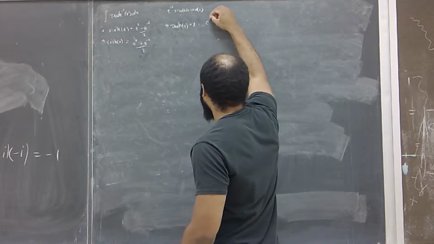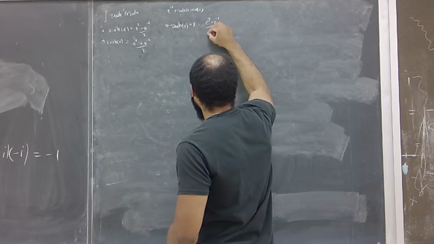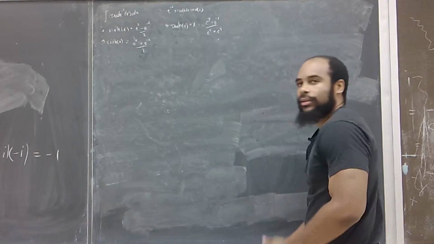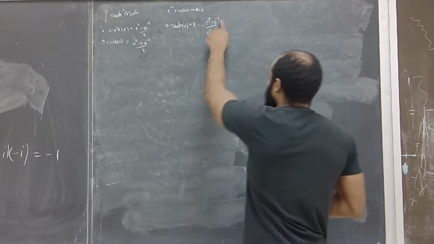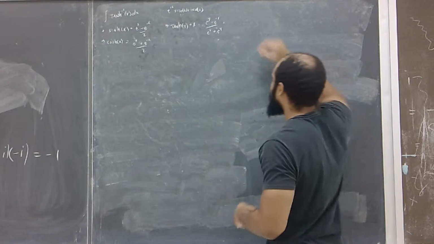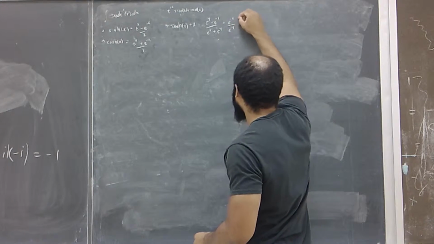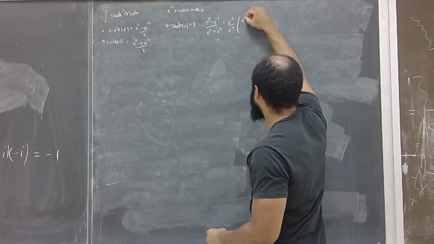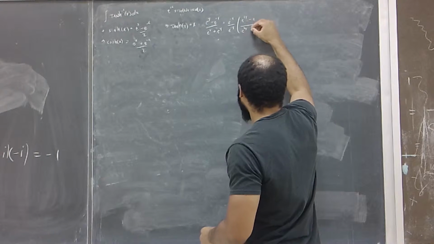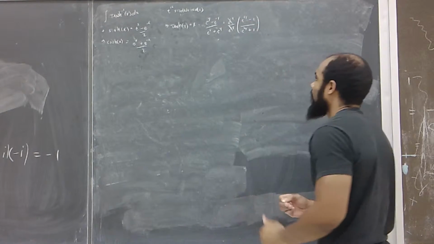It's going to be e to the y minus e to the minus y over e to the y plus e to the minus y. Now I'm also going to simplify this by factoring out an e to the minus y. So e to the minus y over e to the minus y, and then it's going to be e to the 2y minus 1 over e to the 2y plus 1. Of course, these will cancel away.